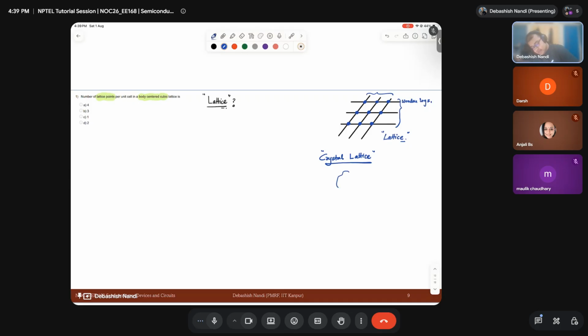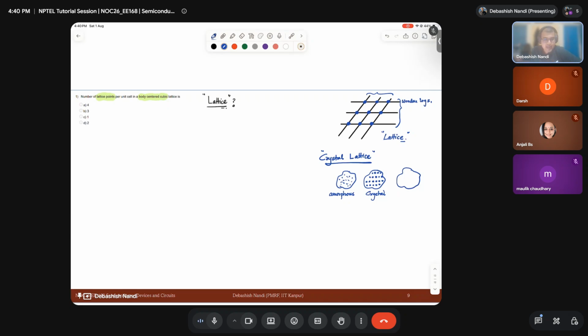Basically, if I have three samples and I have a random arrangement of the atoms, this is my amorphous. And if I have periodic arrangement of atoms, then this is called crystal. All are solid, most of the times.